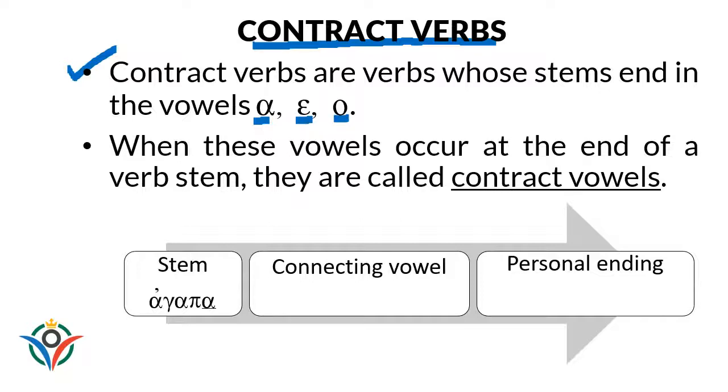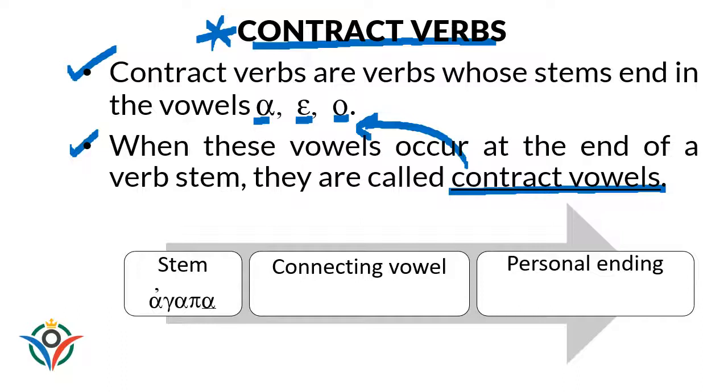So if you see any verb that has a stem ending in an alpha, an epsilon, or an omicron, then you have what is called a contract verb. The second point is when these vowels occur at the end of a verb stem, they are called contract vowels. So that is what we call the alpha, the epsilon, and the omicron. Contract vowels.